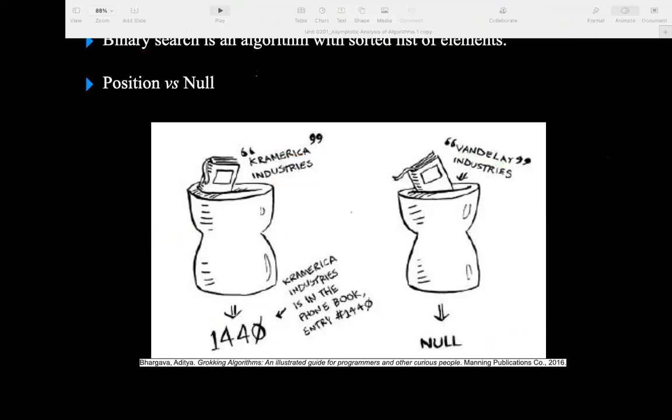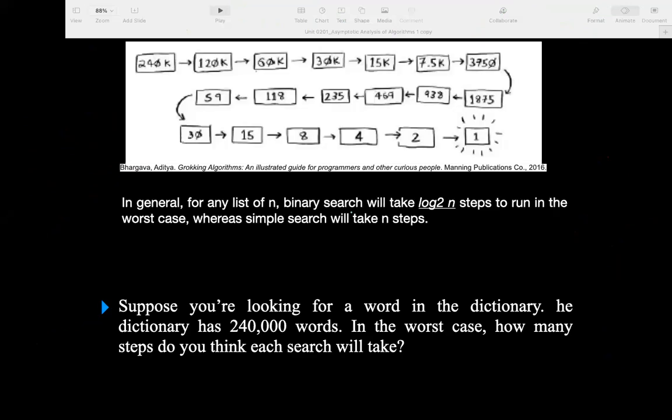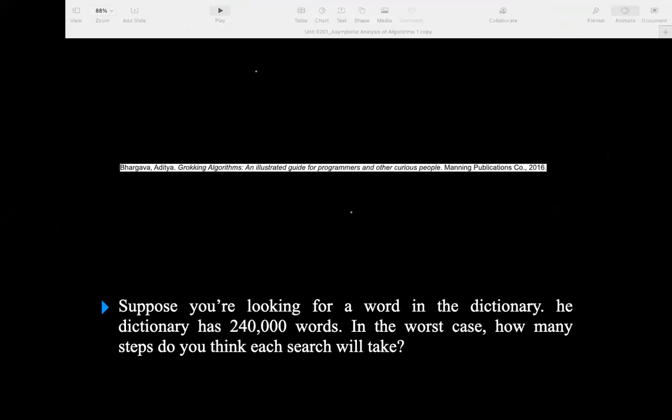All right. So let's move to a question. Everyone, please beware that we are going to have a question now, which you have to answer. Suppose you are looking for a word in a dictionary, and the dictionary has 2,40,000 words.